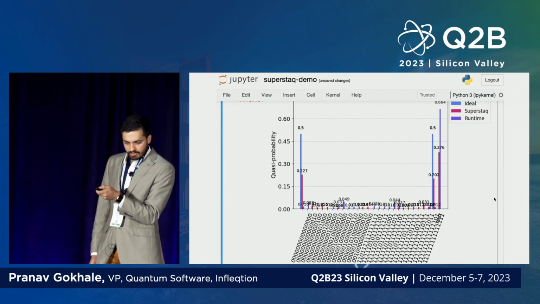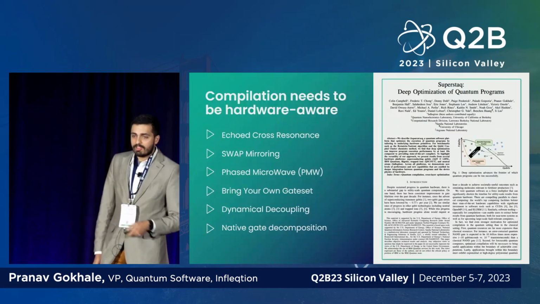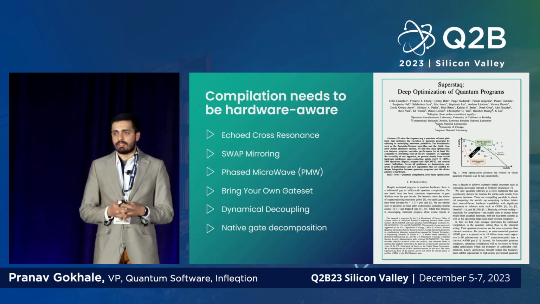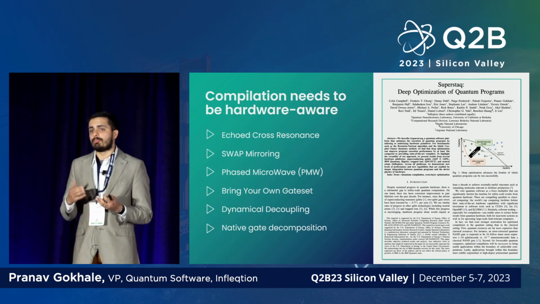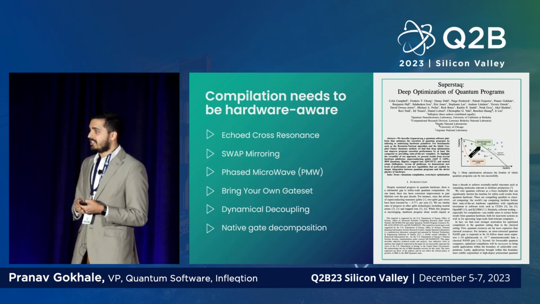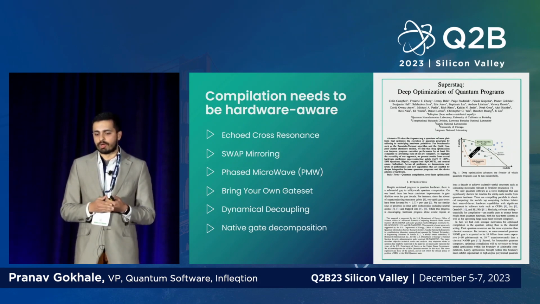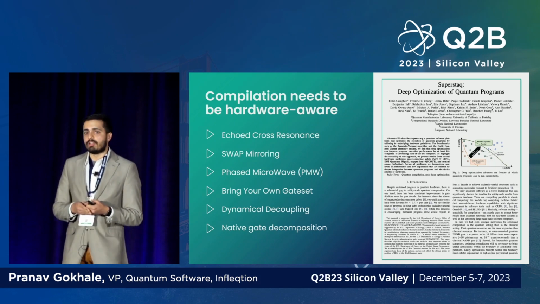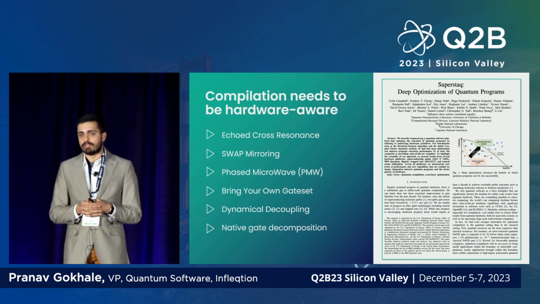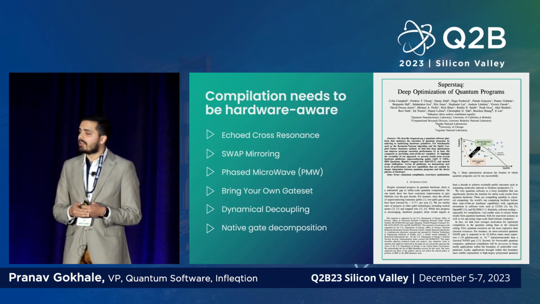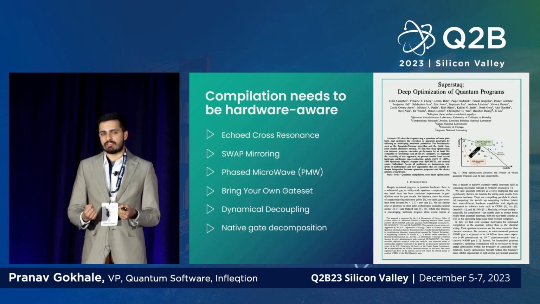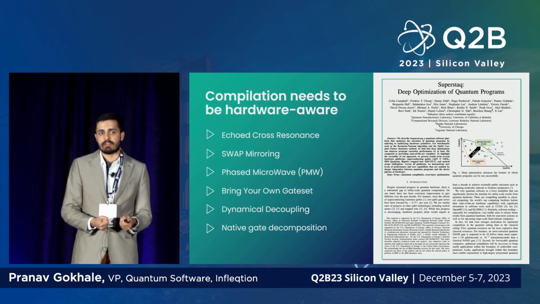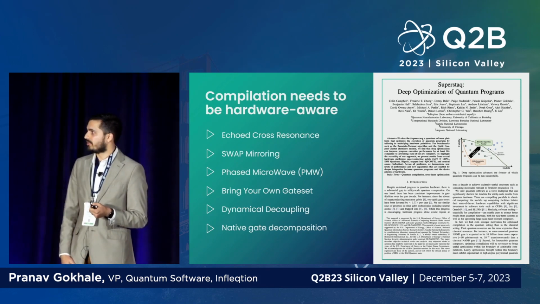If I really had to zoom out and explain our core philosophy behind Superstaq, it is that compilation of quantum programs needs to be aware of the underlying hardware. And we've developed a number of techniques and IP over the last 3 years, and in fact, before that, 10 years of academic work, that bring to the application level characteristics of the underlying device physics to get breakthrough improvements in performance.